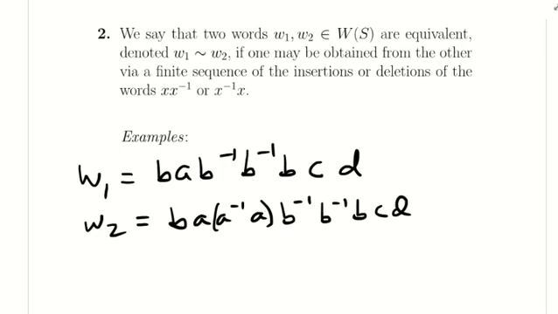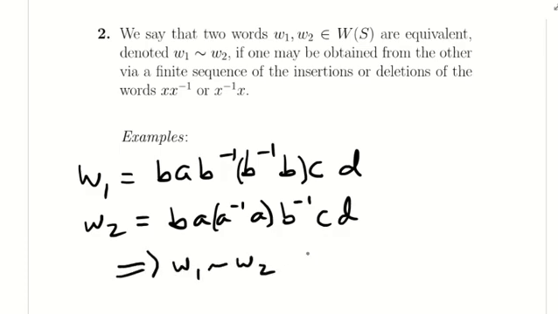So say I just remove that. I'm going to remove this thing here and just have C D. So anyway, these two words are going to be equivalent in the set of words on the set A, B.